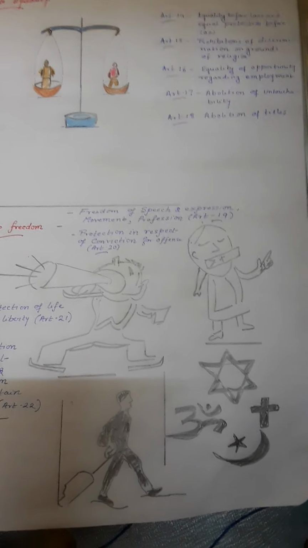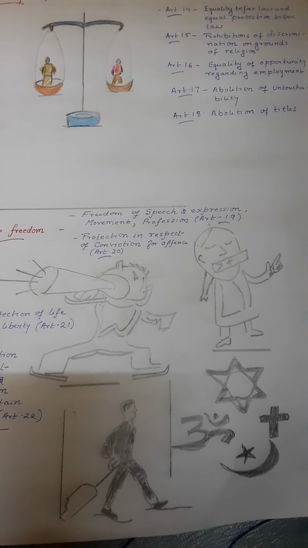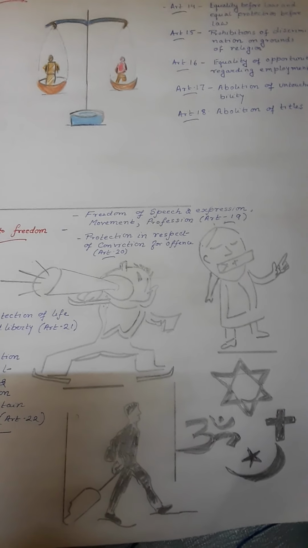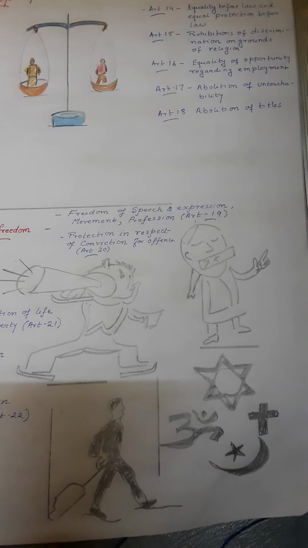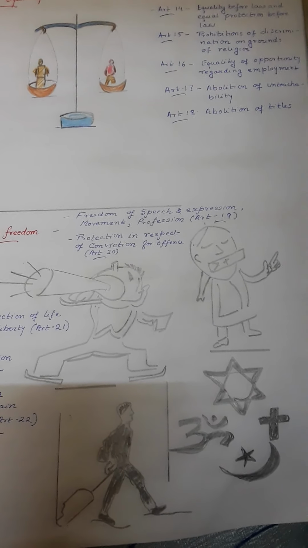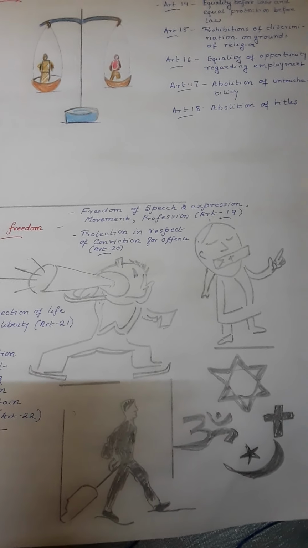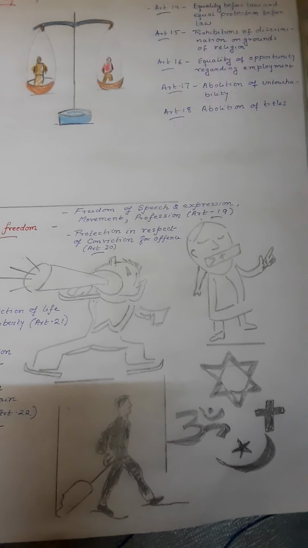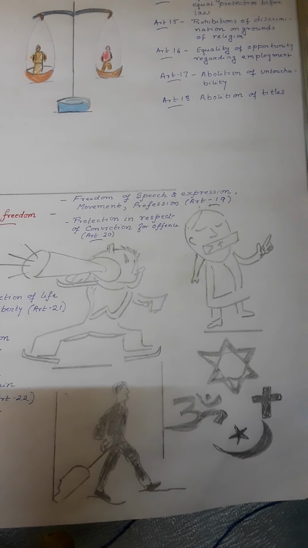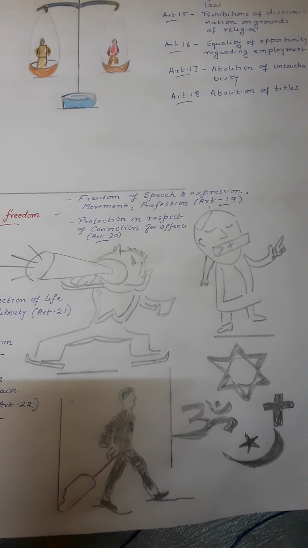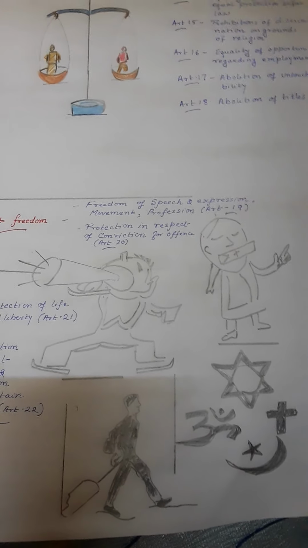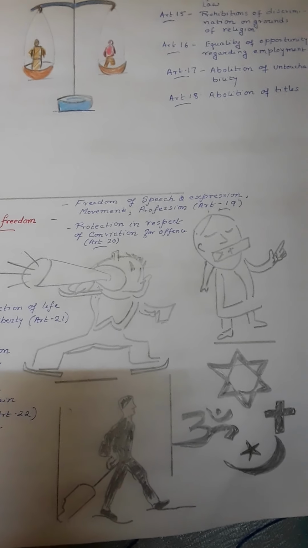Article 15 says that there should not be discrimination on any ground. And Article 16 says that regarding employment, equality should prevail. And Article 17 is abolition of untouchability. And Article 18, abolition of titles. Now here title means title conferred by the British government at that time.